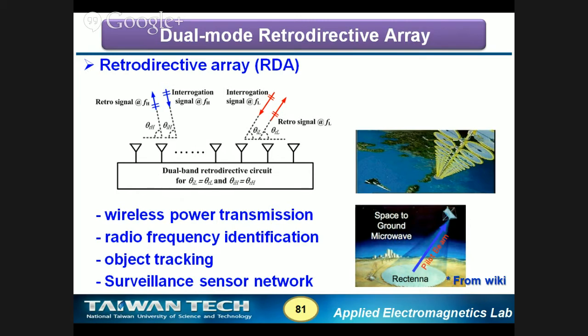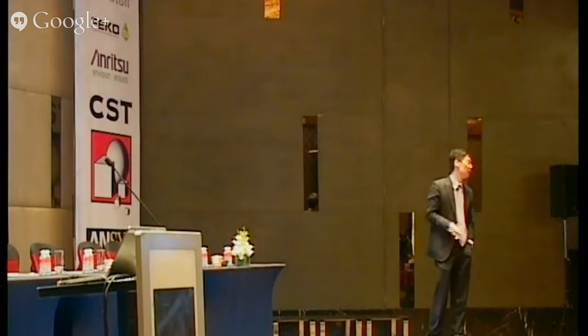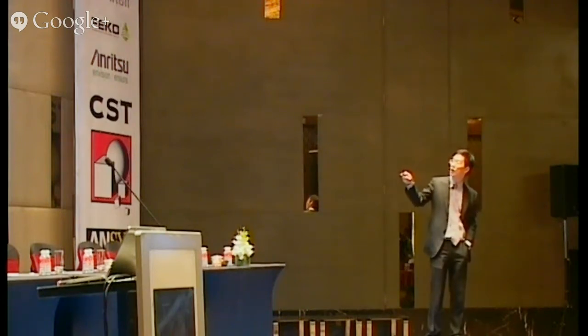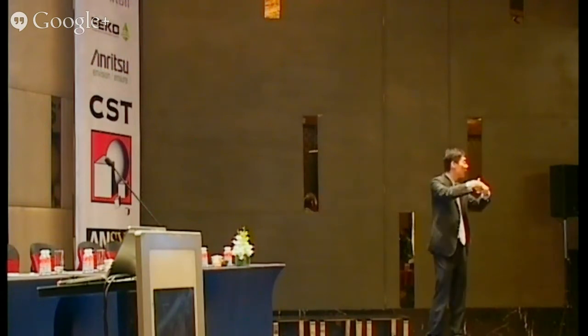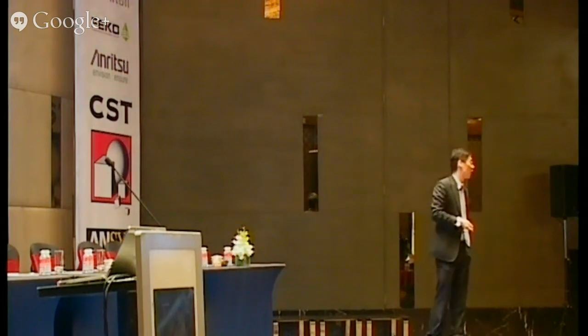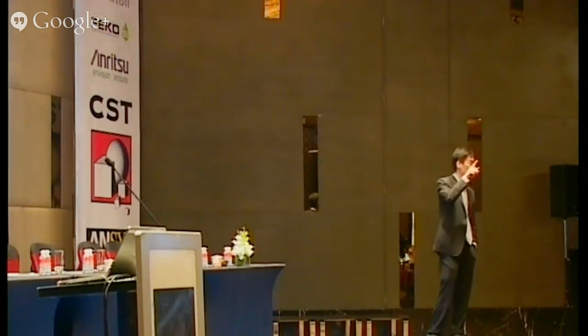For the Rotman derivative array, it means that if there is an array here, and an incoming signal here, the array will automatically reflect the signal to the direction of arrival, without prior knowledge of the direction of arrival, without prior knowledge of the incident angle.